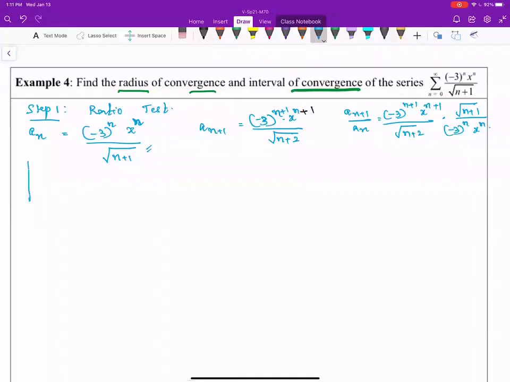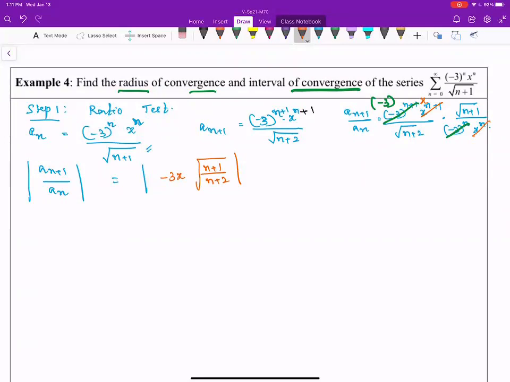If you simplify the ratio a_(n+1) over a_n and then take the absolute value, you notice the (-3)^n can be crossed out, which gives just a negative 3. Then x^n simplifies, leaving an x. So this whole thing reduces to negative 3x times square root of n plus 1 over n plus 2.